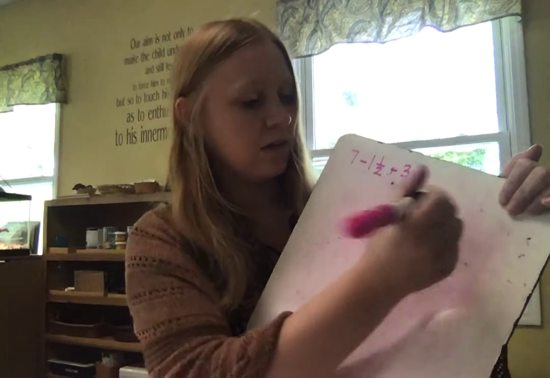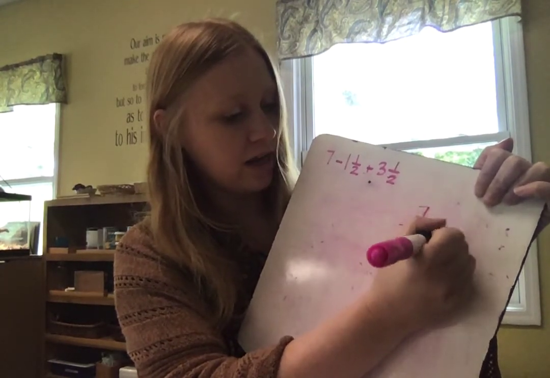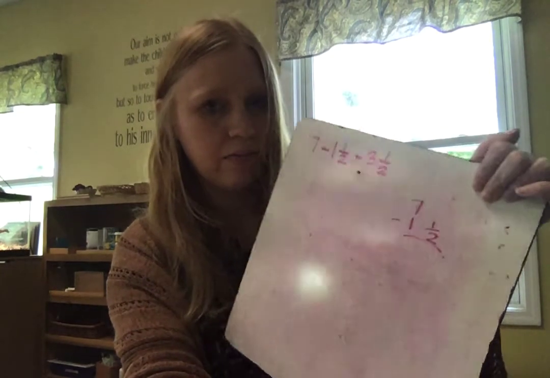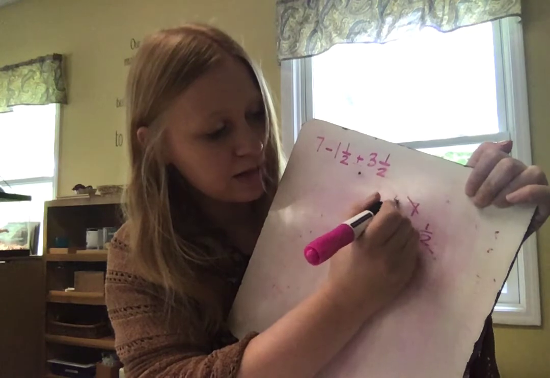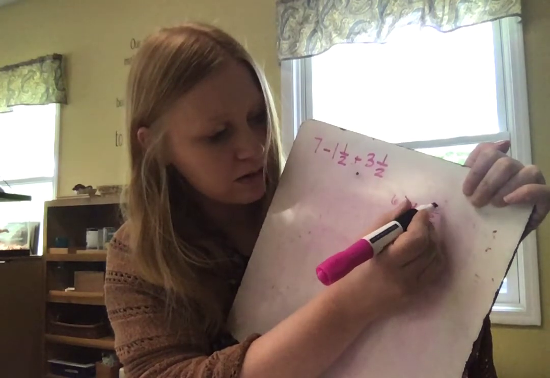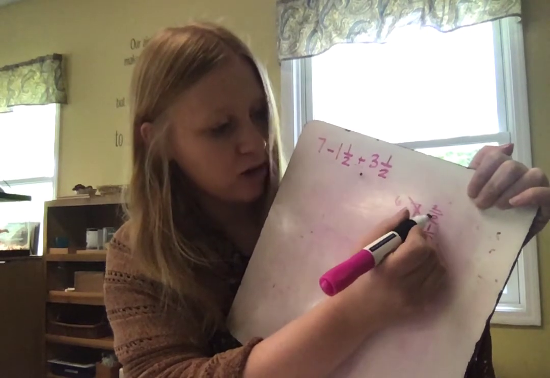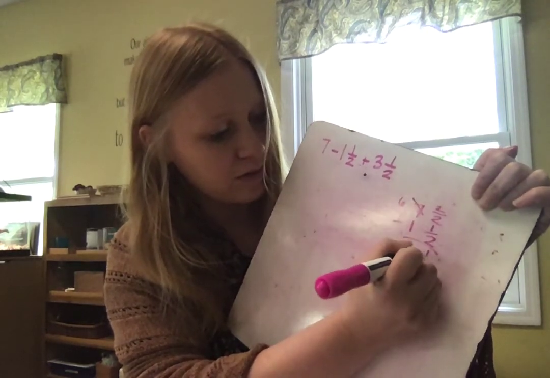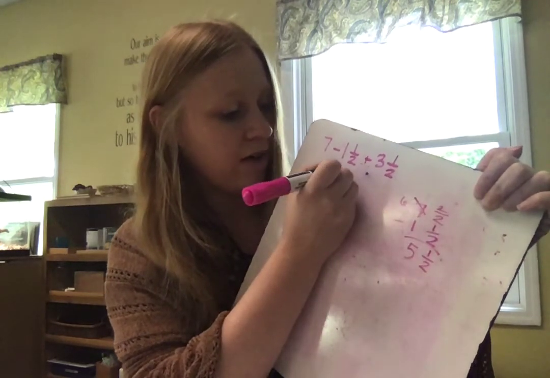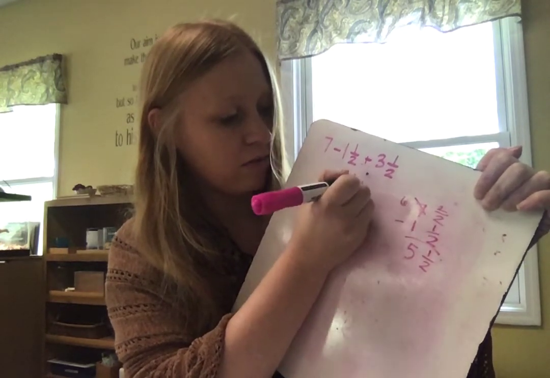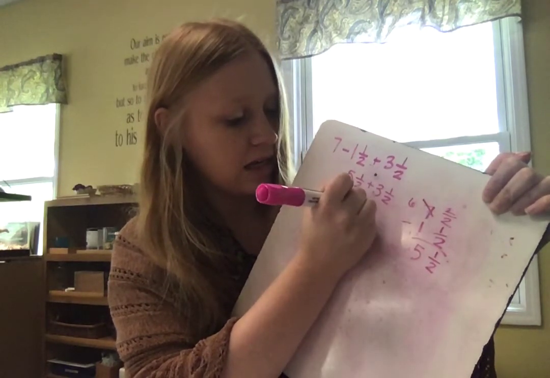Well, there's nothing, so I'm going to borrow. This is going to become a 6, and this is going to become 2/2. So now I have 6 and 2/2 minus 1 1/2. 2/2 minus 1/2 gives me 1/2. 6 minus 1 gives me 5. So I have 5 1/2 plus 3 1/2, which gives me 9.